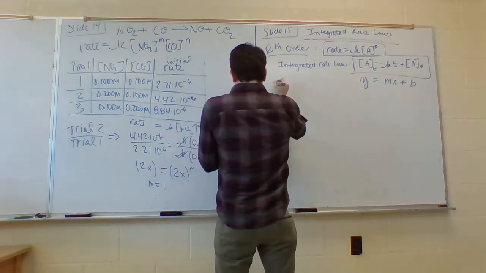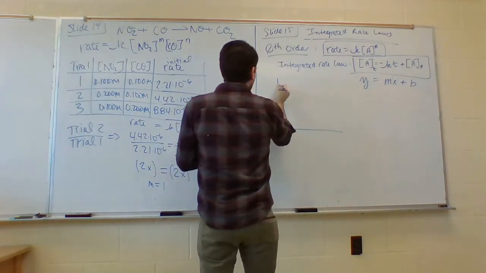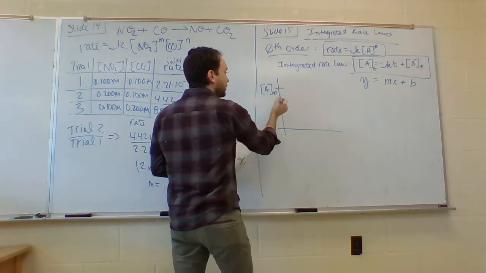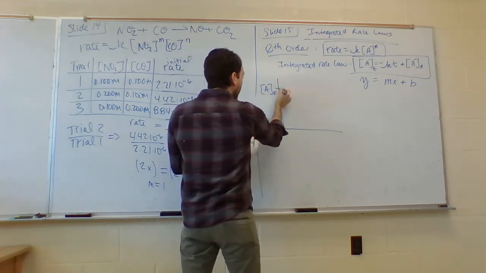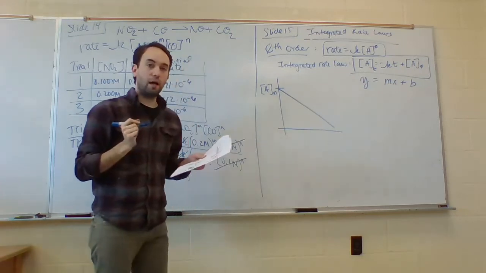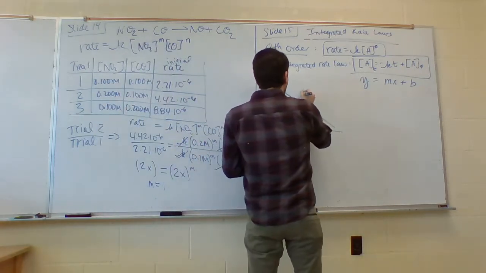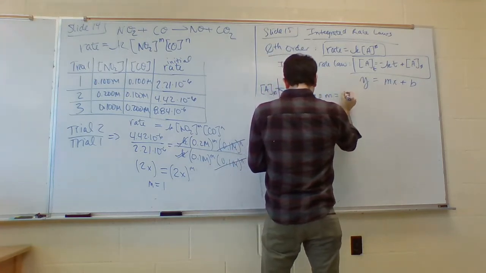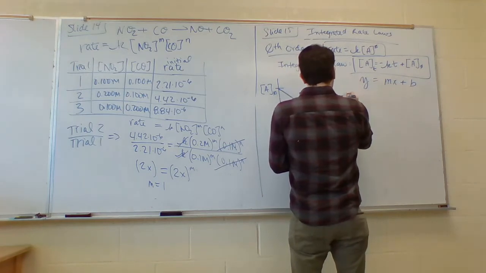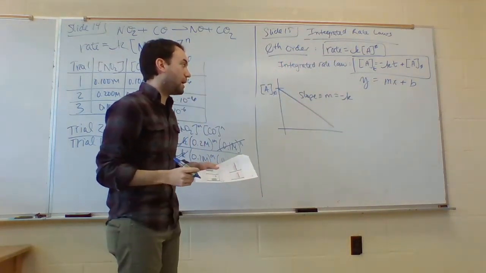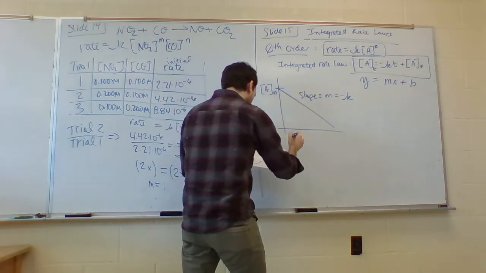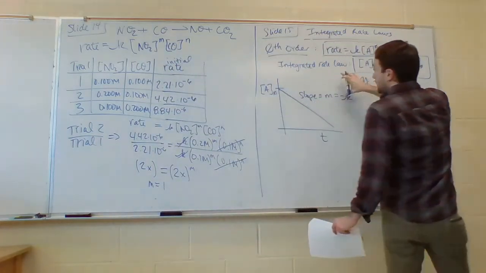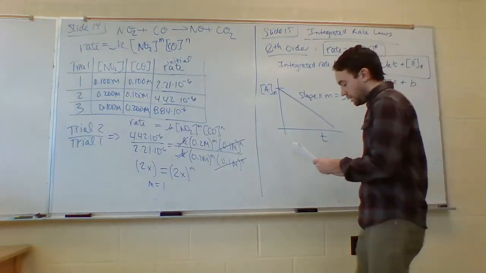So that means that my graph for this will start at my concentration of A initial, that's my y-intercept, and it will be a negative straight line, where the slope m is equal to negative k. So this would be my concentration on this axis, and this would be my time on that axis. So this would be for the 0th order.